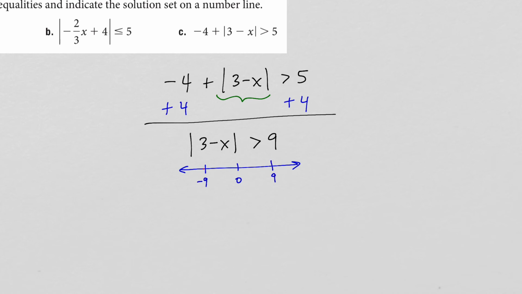If the number is more than 9 units away, it either has to be a number here or it has to be a number here. So the number has to be less than negative 9 or greater than positive 9. Now, what's the number? Well, it's 3 minus x. So that number 3 minus x must be less than negative 9, or 3 minus x must be greater than positive 9.